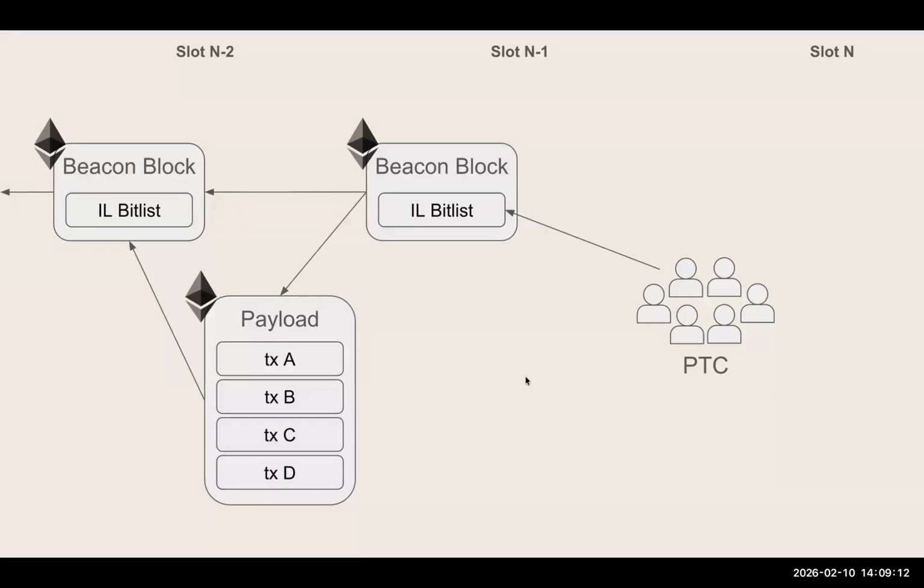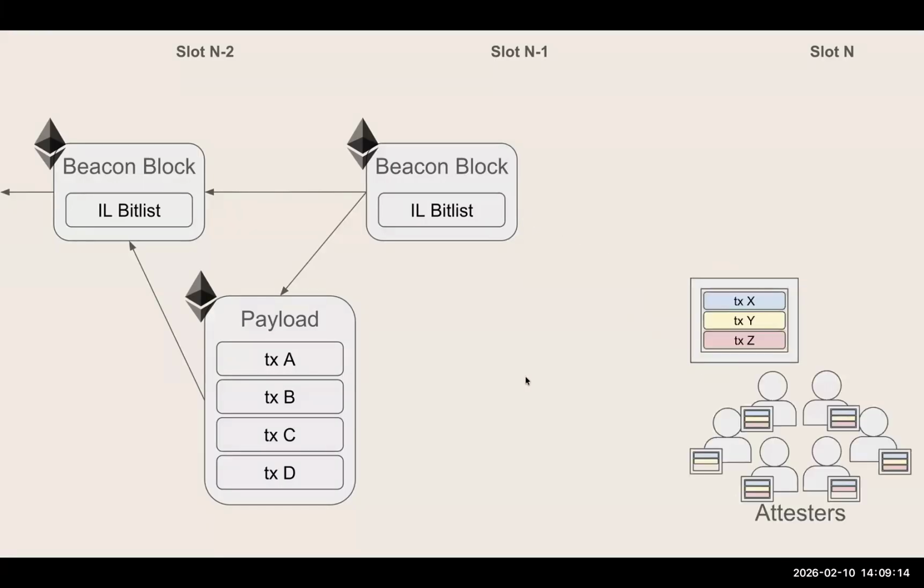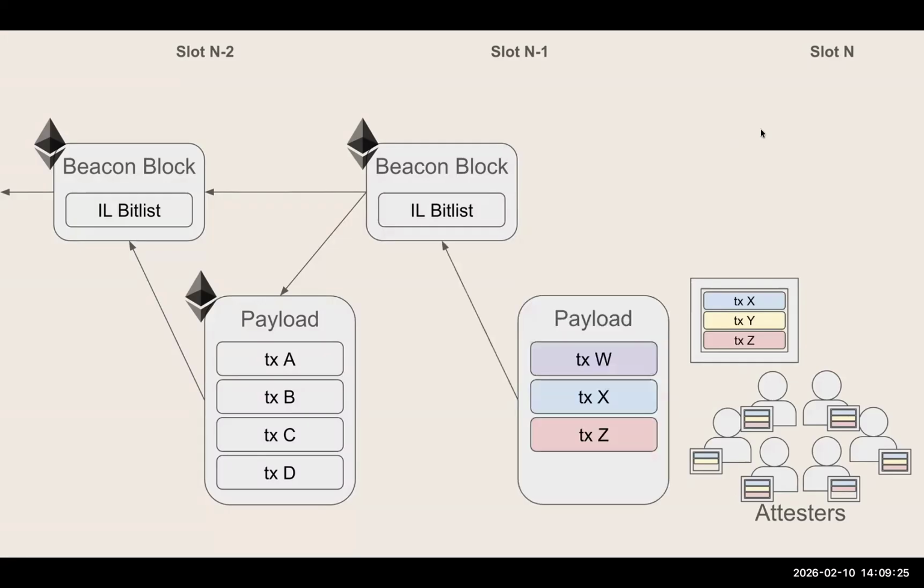So that was for the IL bitlist. And the second one is the IL compliance check. When attesters for slot N receive an envelope for slot N minus one, they check if it satisfies the IL constraints. In this case, let's assume that it's not IL compliant, so it misses this yellow transaction.